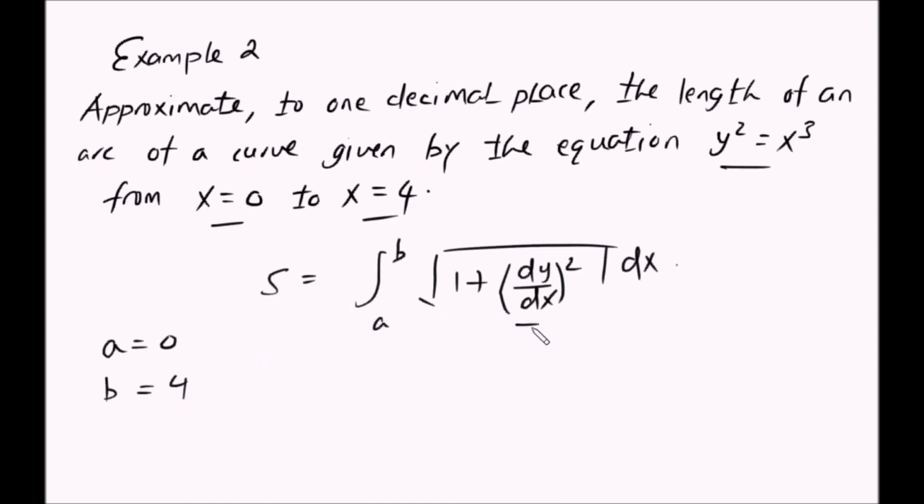So we need to find dy dx here. So now we have y squared is equal to x cubed here. So from here we're going to get dy dx. So we have y squared is equal to x cubed. This means y is equal to the square root of x cubed. So this means y is equal to x power 3 over 2.